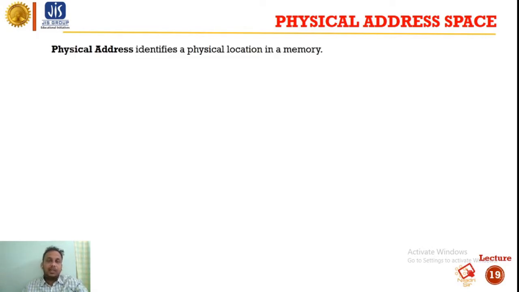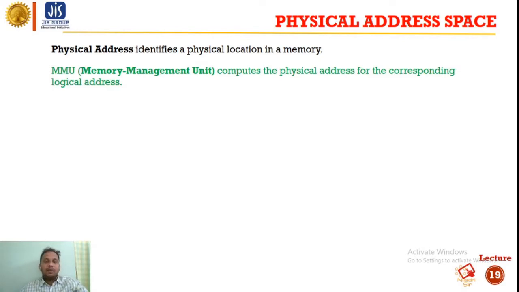Now come to what is physical address space. Physical address space identifies the physical location in a memory. The MMU, or memory management unit, computes the physical address for the corresponding logical address. Virtual and physical addresses are the same in compile time and load time address binding schemes.